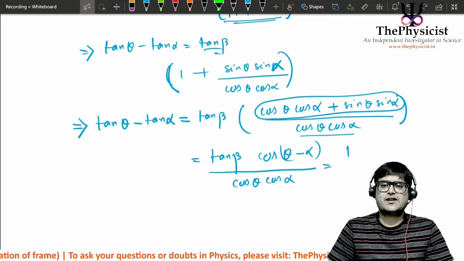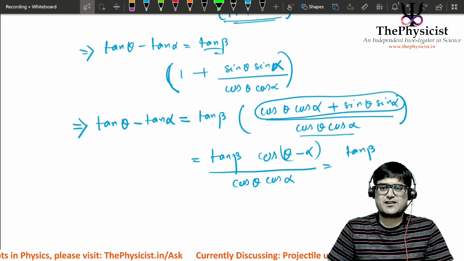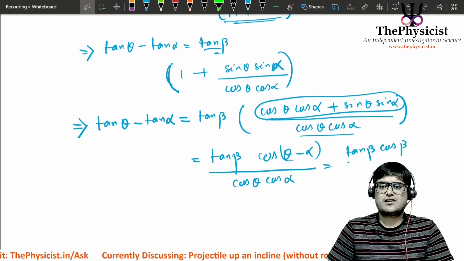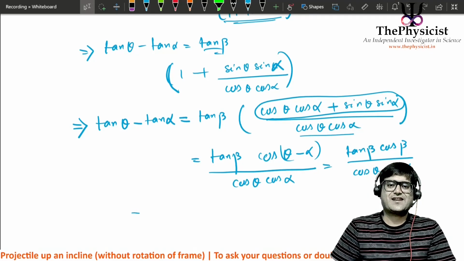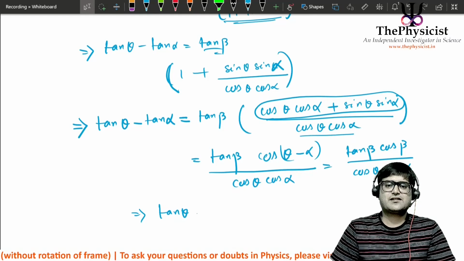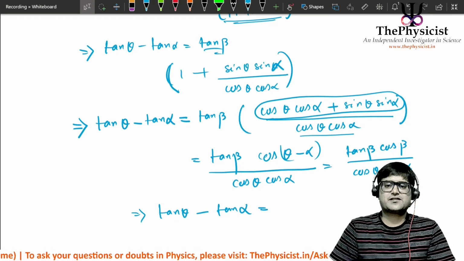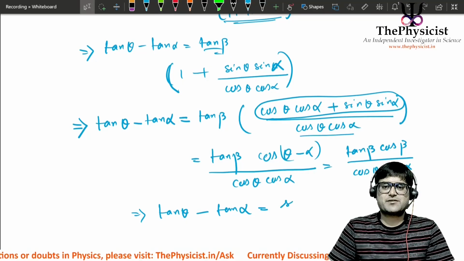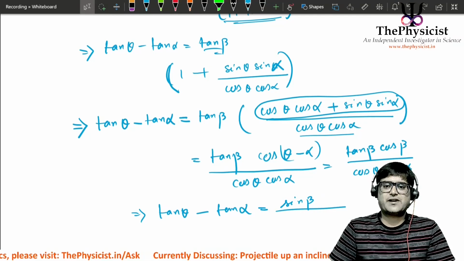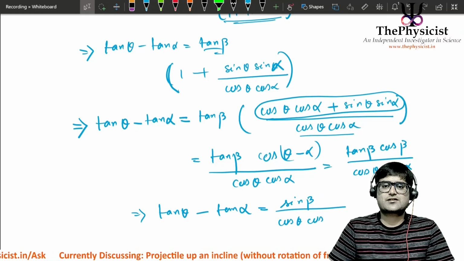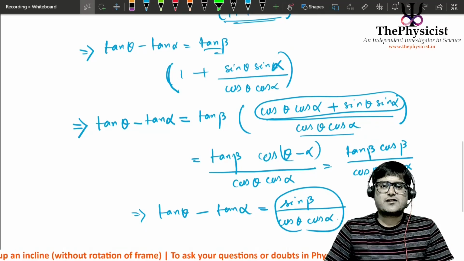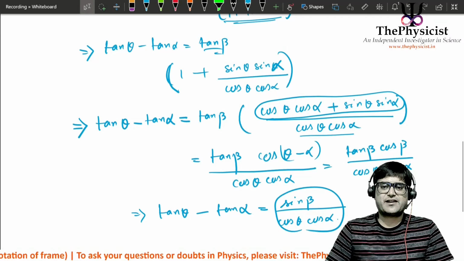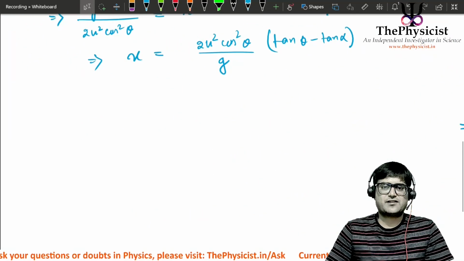So now I have tan beta, and cos of theta minus alpha is cos beta, divided by cos theta cos alpha. That means my tan theta minus tan alpha is equal to tan beta cos beta, which is simply sin beta, divided by cos theta cos alpha, right? So I can simply replace tan theta minus tan alpha with sin beta divided by cos theta cos alpha.